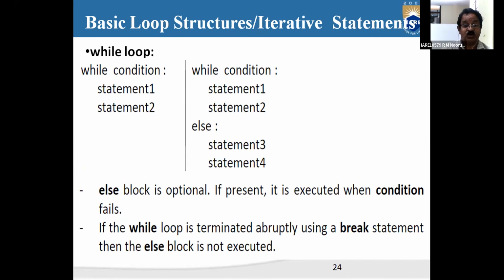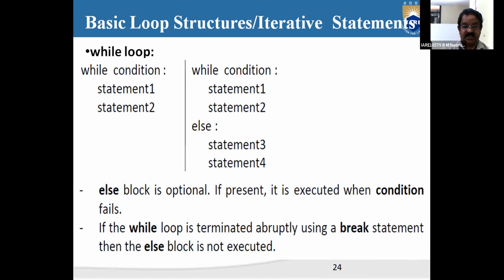We do not use an else part within the while statement and the for statement in C or C++ or Java. In case of Python, you will have the else part with this iterative statement. Within the while statement and the for statement, you can also make use of an else statement.